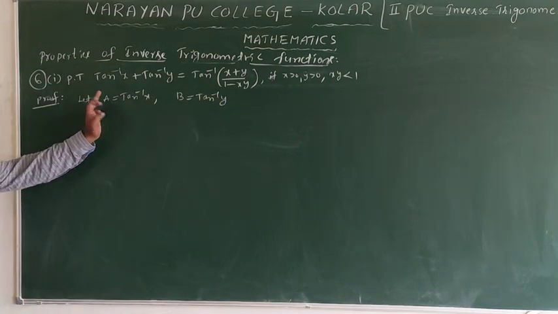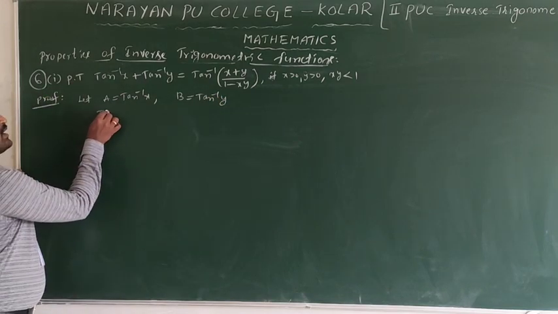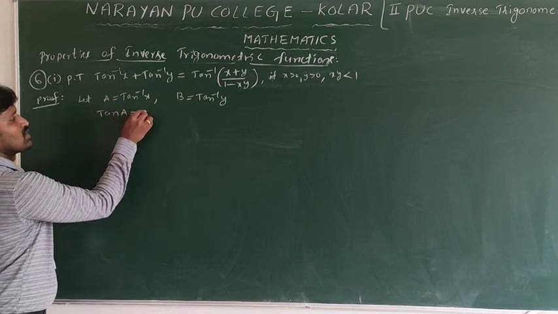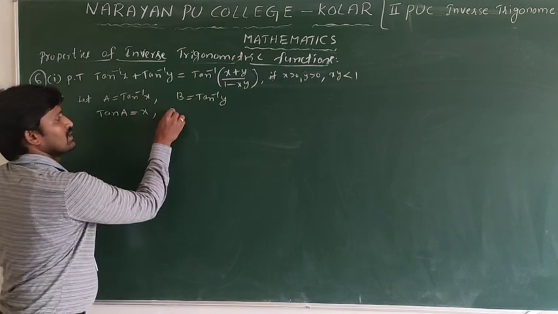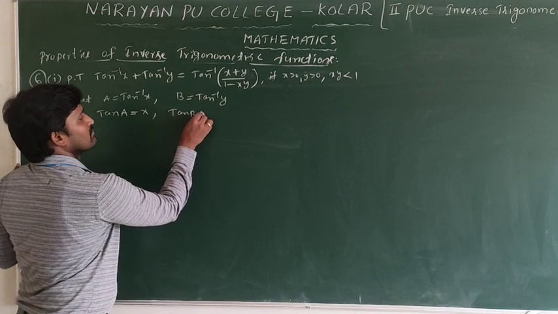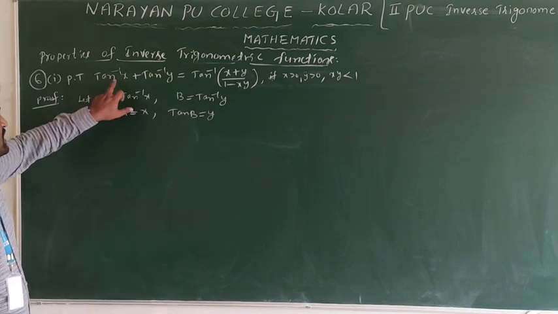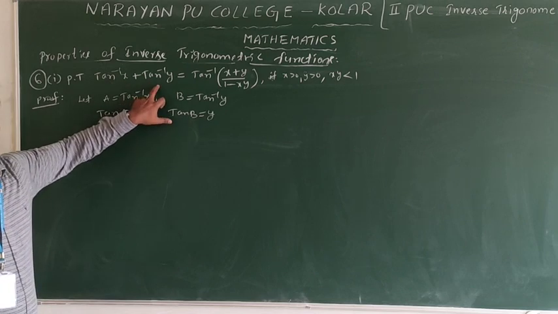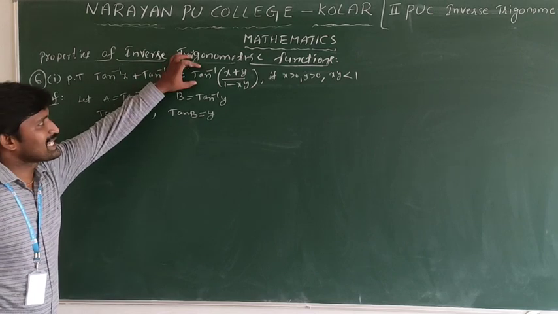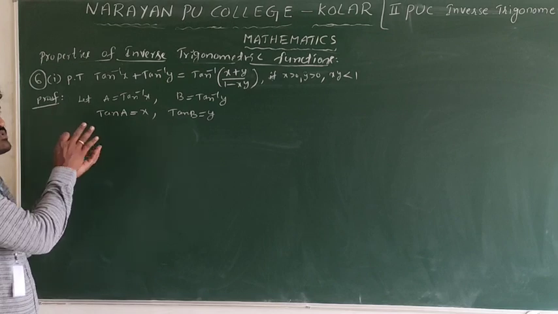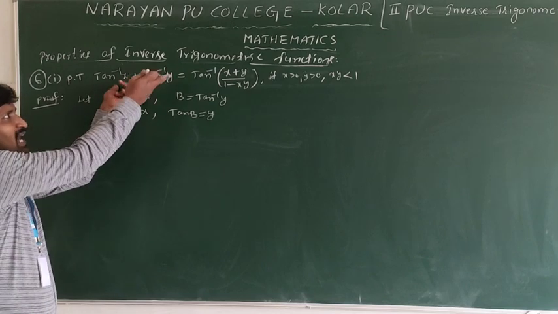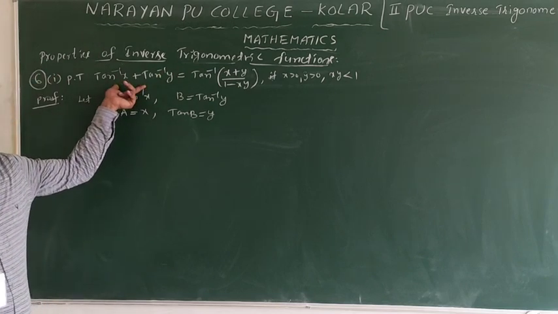Now take tan inverse to the left side, it becomes tan A equal to x, and tan B equal to y. When you consider this A and B, this will become A plus B. Now take tan to the left side, it will become tan of A plus B.